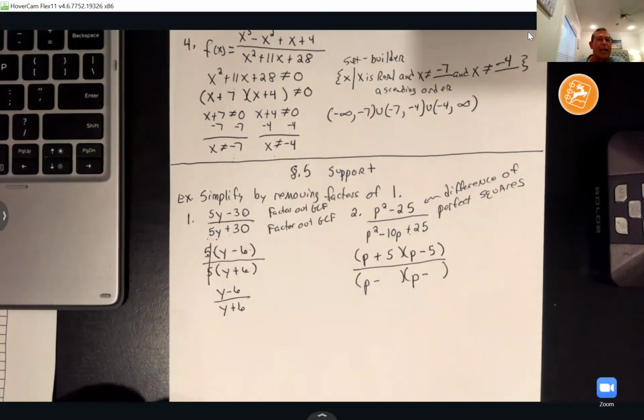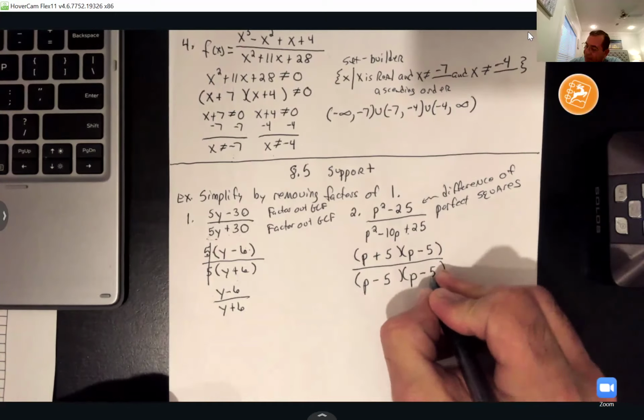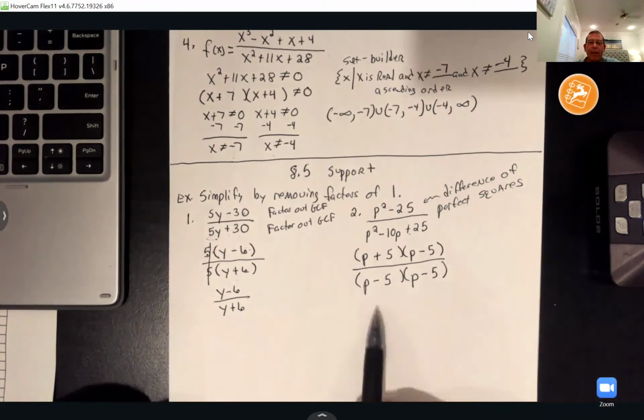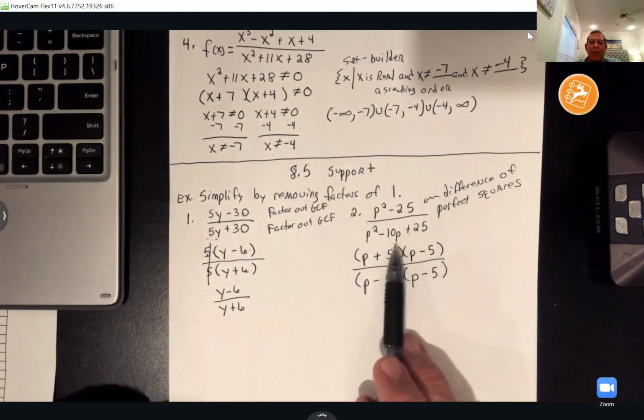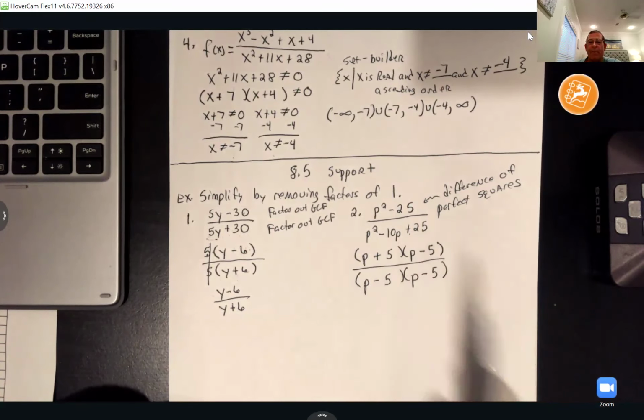And I guess we only got 2 guesses on that, right? So let's see. That 5, yeah, because that'd be a 5 and a 5. So negative 5 and negative 5 give me negative 10. Negative 5 times negative 5 give me 25.